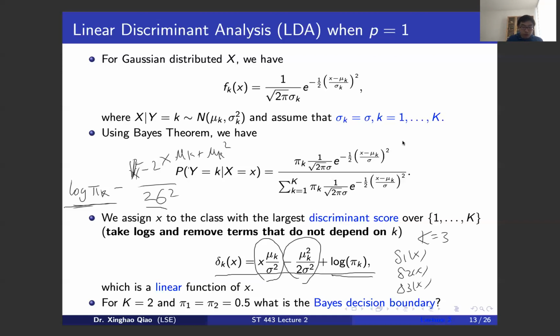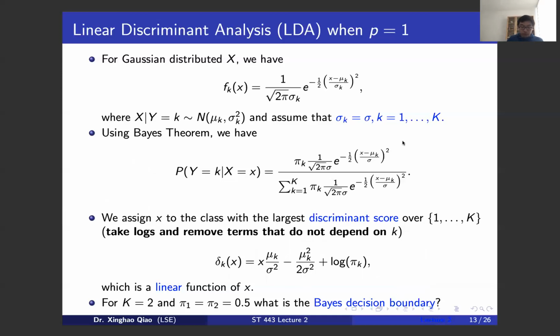Here is a question. If we consider a two-class classification problem, and pi 1 equals pi 2 equals 50%, what is the Bayesian decision boundary? In this scenario, pi k will be the same, so the last part will be canceled out and you don't need to consider it. You only consider mu1 and mu2, and because sigma is the same, for the Bayesian decision boundary we need delta 1 of x to be equal to delta 2 of x.